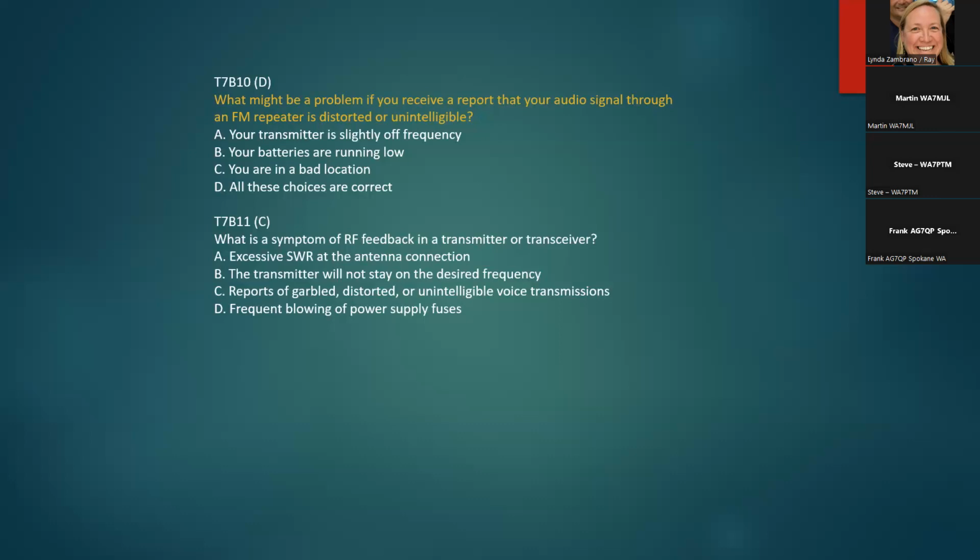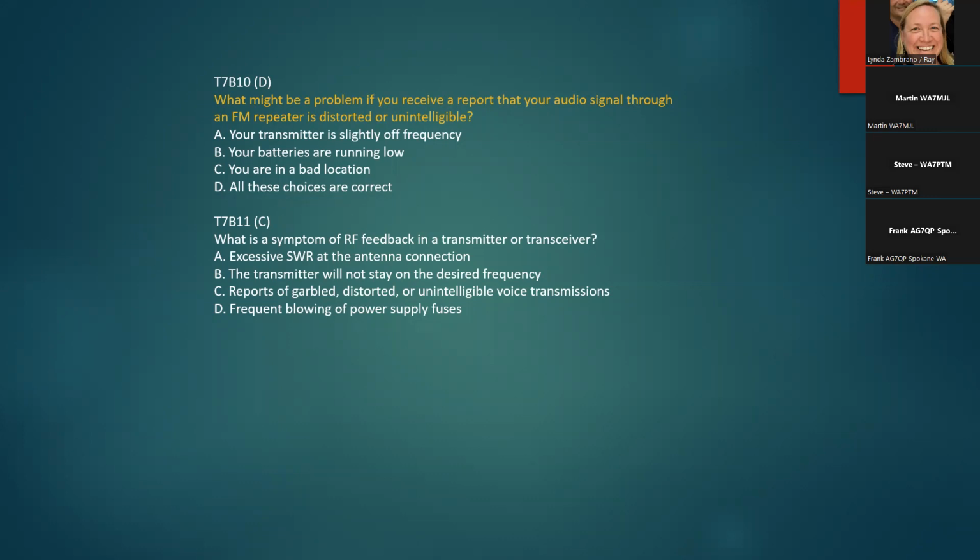Your transmitter might be slightly off frequency. These days, that's pretty unusual, because the oscillators in modern transceivers are all controlled digitally.